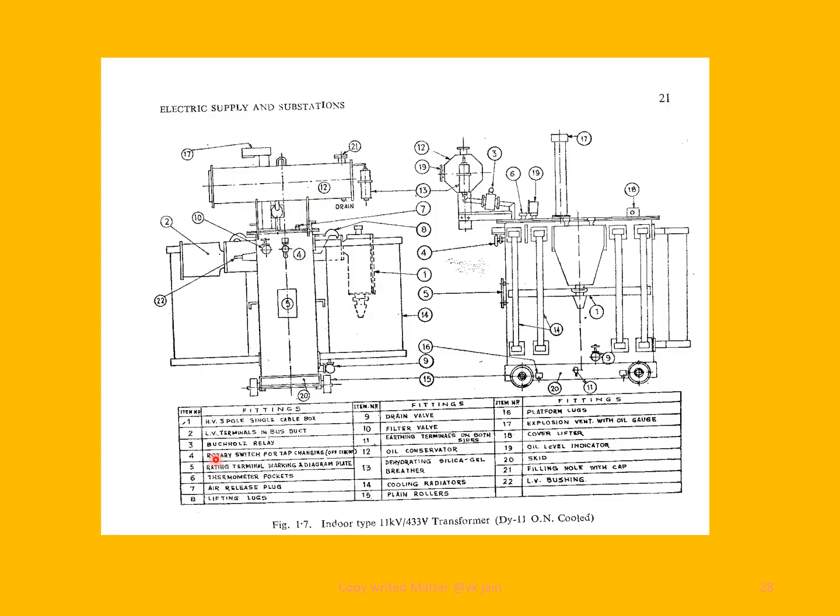So this legend shows different parts. The most important is the Buchholz relay, item number 3. Buchholz relay is provided to sense if the oil has got sufficient vapor to explode.